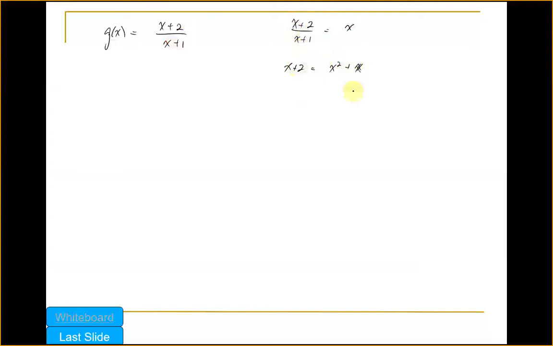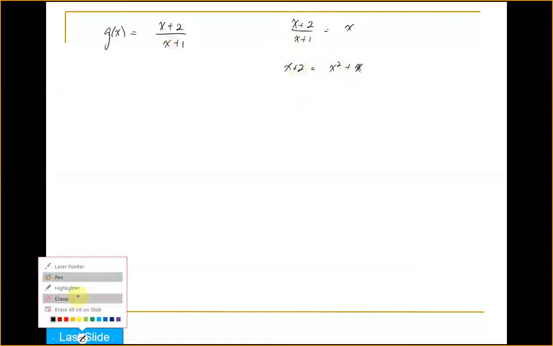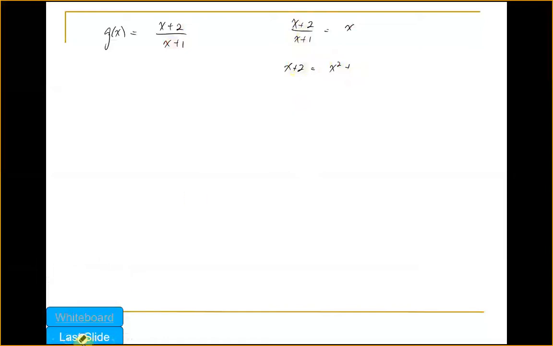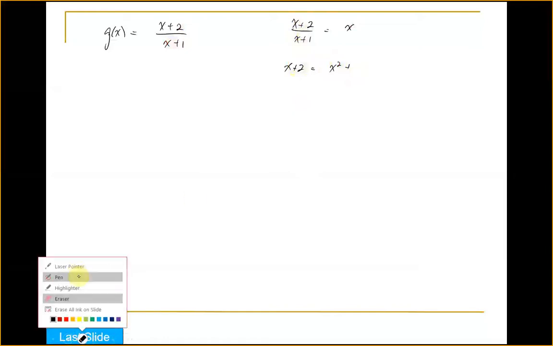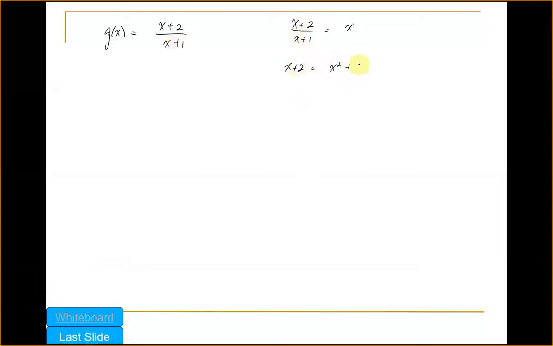Oops, sorry about that. x squared plus x. And you see the x's on two sides cancel, so we are left with 2 is equal to x squared. Therefore, x equals square root of 2. Everybody agree with that, right? So this is a proper fixed point form.